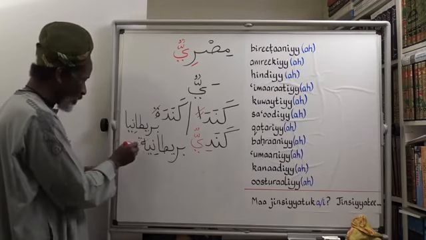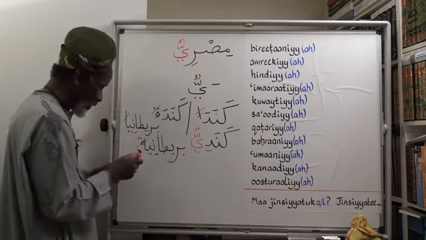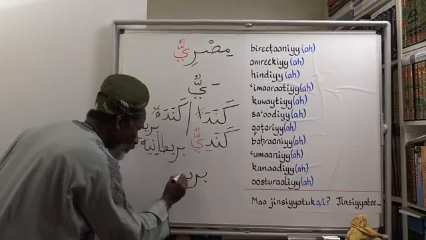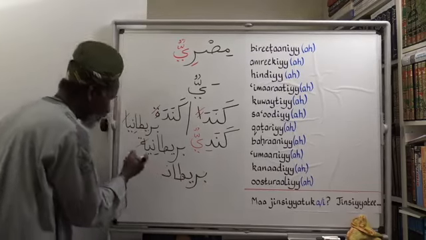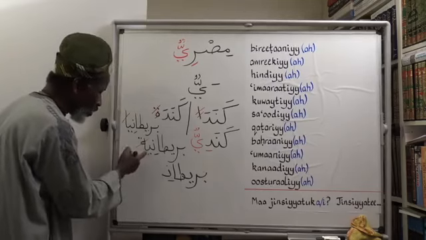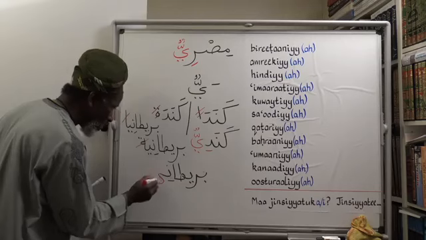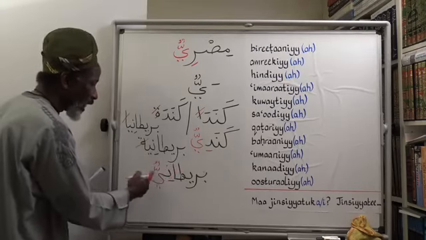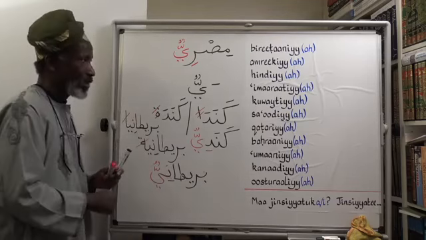You remove this ta marbuta, this alif, and you perform the same. So it becomes Britanni. That's your original ya. You double that, now it becomes Britaniyun. Okay, so that's for male.